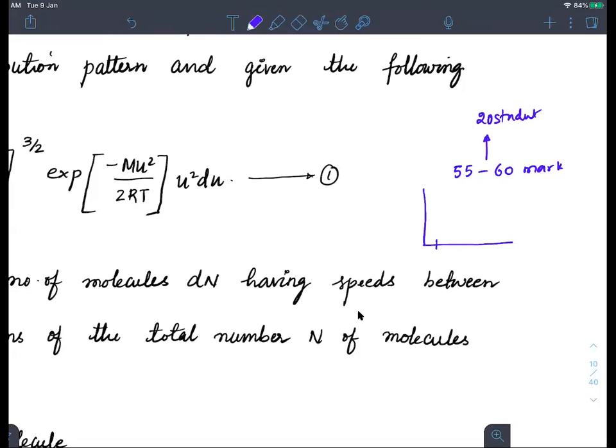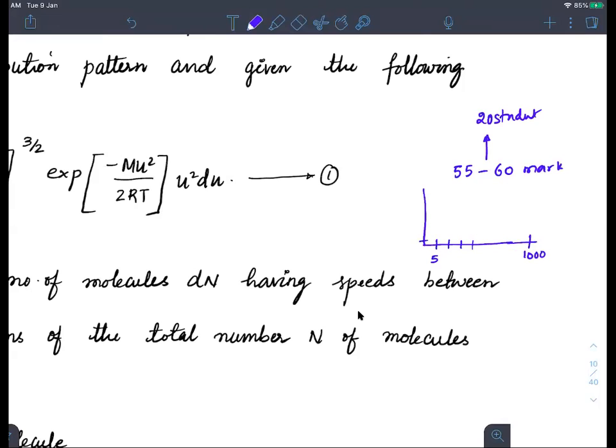Like 0 to 5 marks, 5 to 10, 10 to 15, 15 to 20. Like that, I've made it up to 100 in steps of 5. I made this into different categories, and every time I find how many students are there.